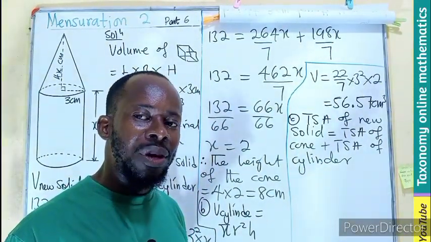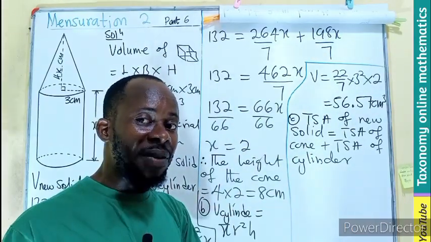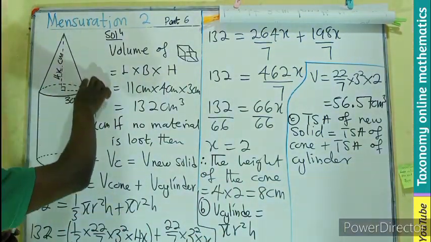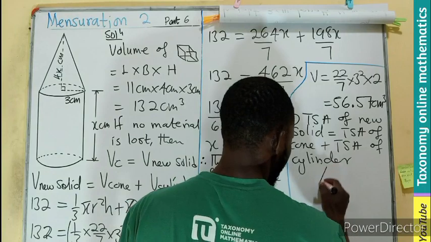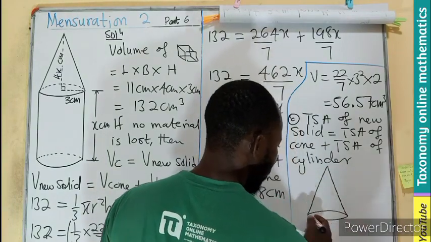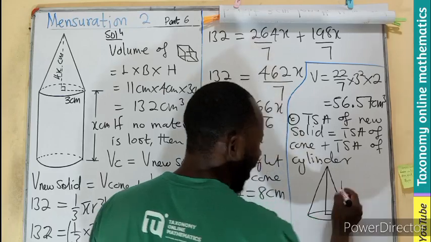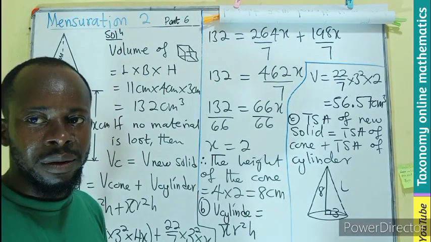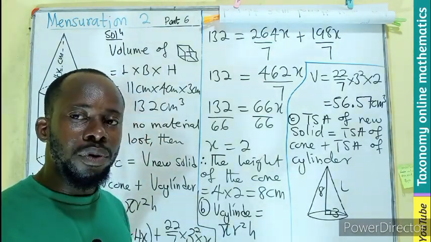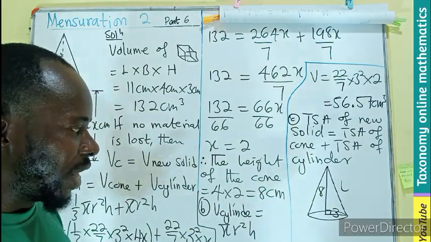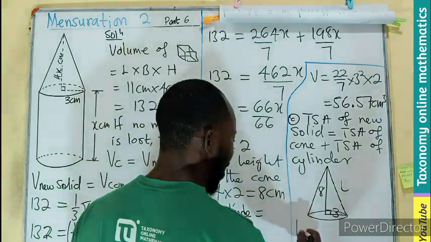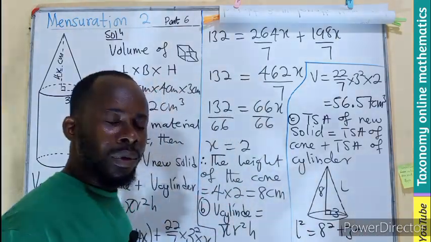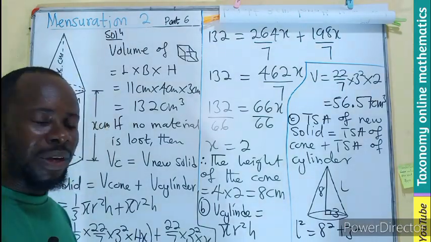Total surface area of a cone, in this case, is just the curved surface area, pi r L. So this is the L, this is our 8, this is our 3. We need to find the value of L before we can find the area. From here, using Pythagoras theorem, L squared will be equal to 8 squared plus 3 squared. Then we do that and see what we can get.